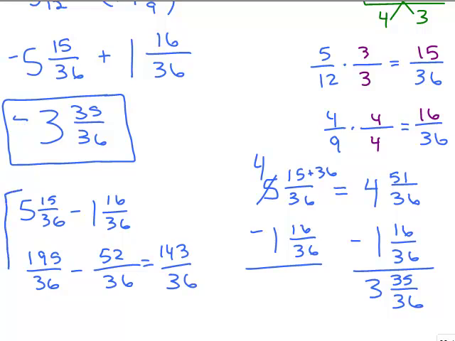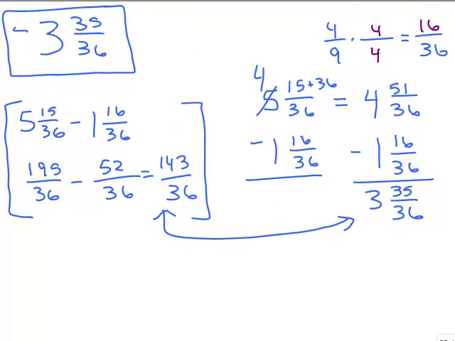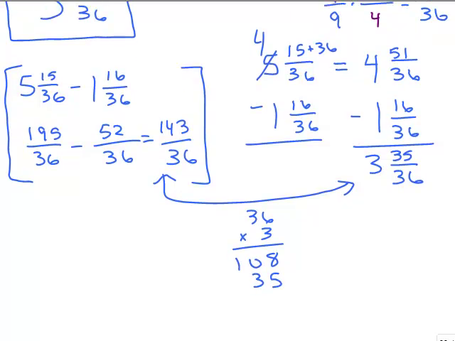So this is just like your side work, just like over here we did our side work. So the question is, is that the same thing? Okay, well, let's just check it out. What's 36 times 3? It's 108, and you add 35, which is 143.